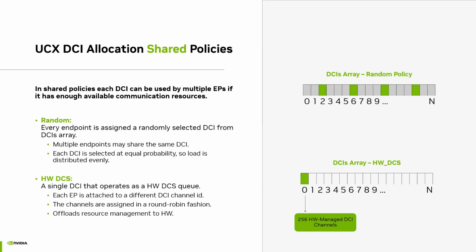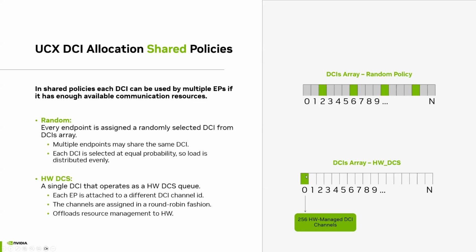Okay, and we also have our device-specific policy. It's probably supported by almost every modern NIC that NVIDIA or Mellanox supplies. It's the hardware DCS. It's actually utilizing the hardware by letting the hardware manage the allocation for us.